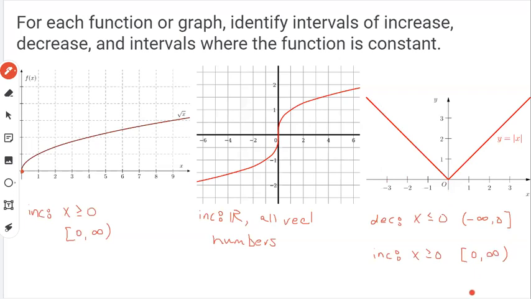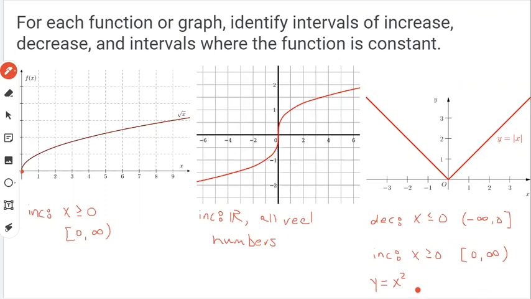It's always going to have that V shape to it. It's decreasing until you get to 0, and then once you leave from 0 and go into the positive numbers, it starts increasing again. So in a way, the absolute value function is a lot like the y equals x squared function.